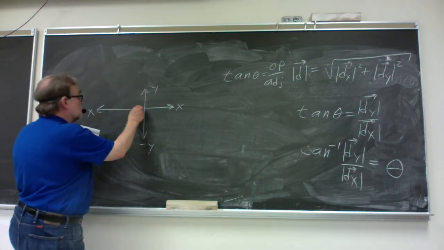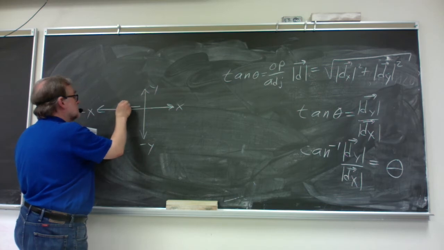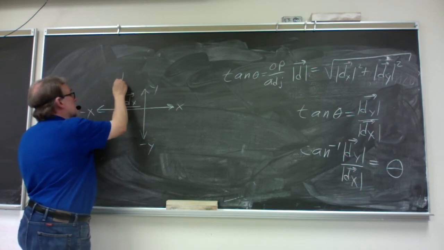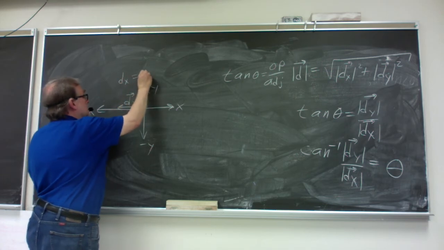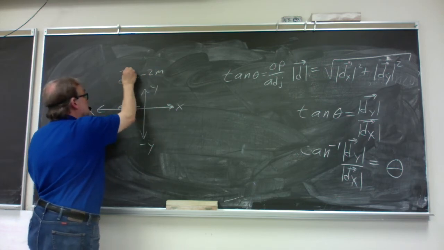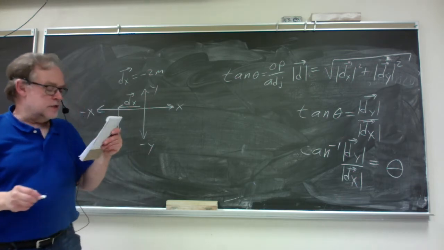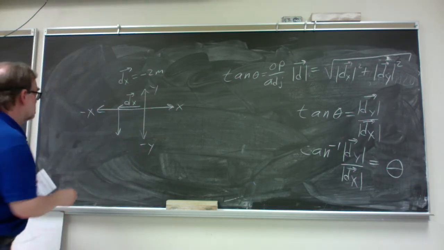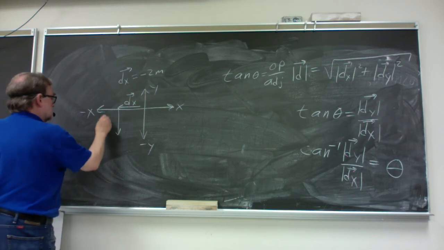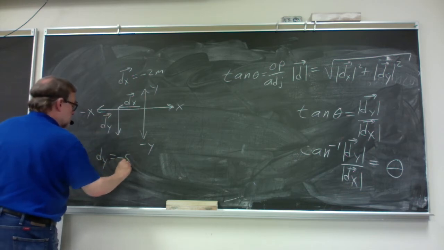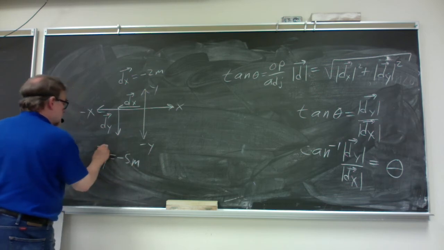An x component in the negative x direction, and that x component is -2 meters. And then a y component in the negative y direction, and that y component is -5 meters.